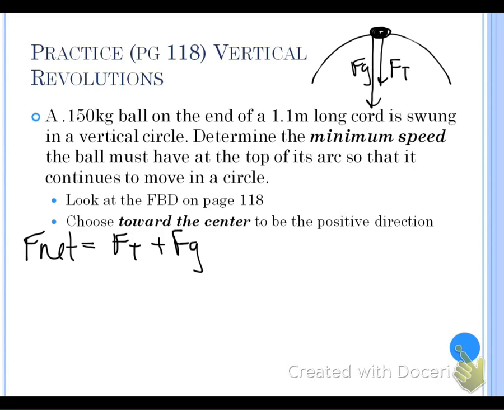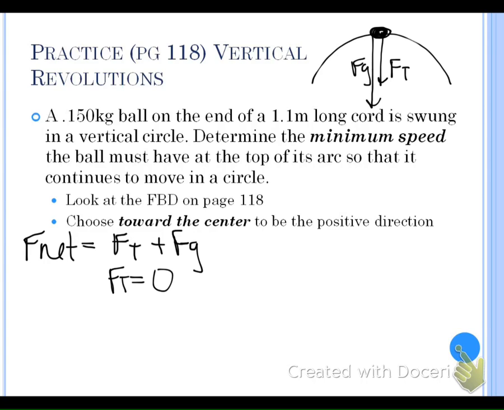So these are both pointing in the positive direction, so we go force of tension plus force of gravity. However, since we're looking for a minimum speed, we're going to say that force of tension equals 0, because it's just at that second enough to overcome that and continue on its path.